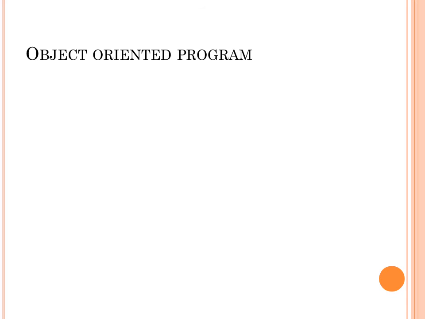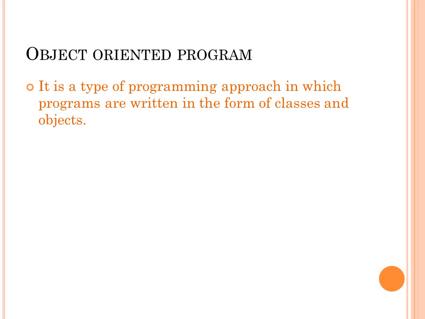So let us discuss object oriented programming. We have discussed in the first year object and object oriented programming, how programming is done by making use of classes and objects. So here a systematic way of development of a program takes place. In second year, you will be learning how to write programs in the form of classes and objects.